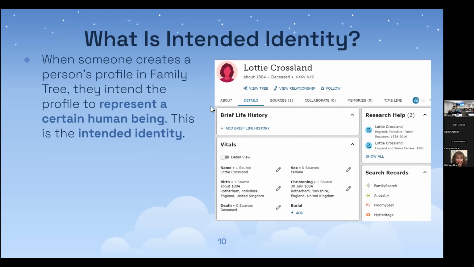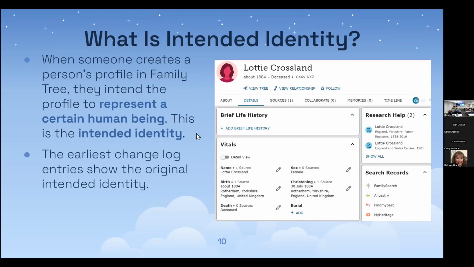Otherwise, there's no point, right? We're making a pedigree of the human family. So whichever human they intended their profile to represent is the intended identity. The earliest changelog entries show the original intended identity, but the reason this is important to understand is that that identity can be changed through bad merges, bad relationships, etc.